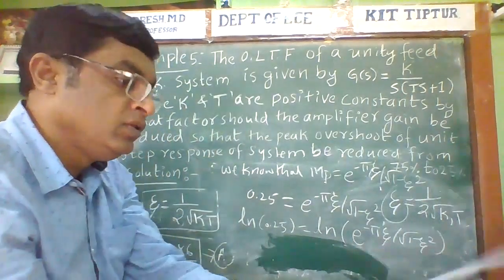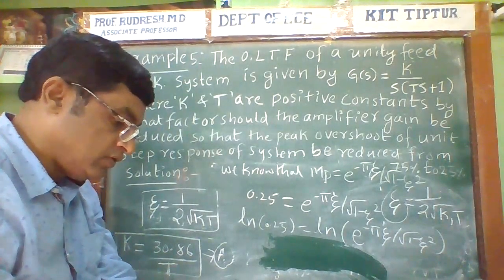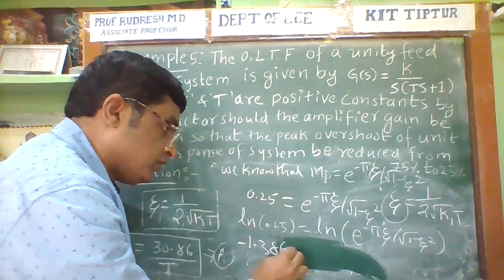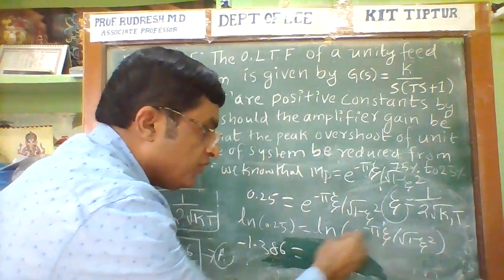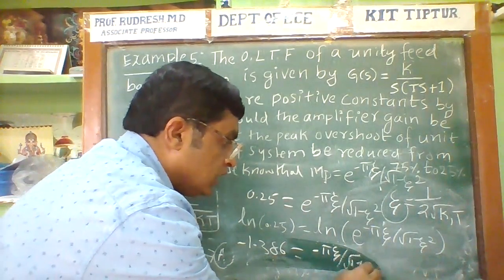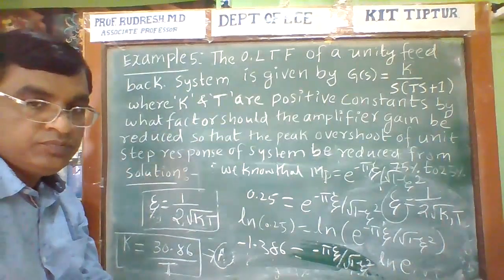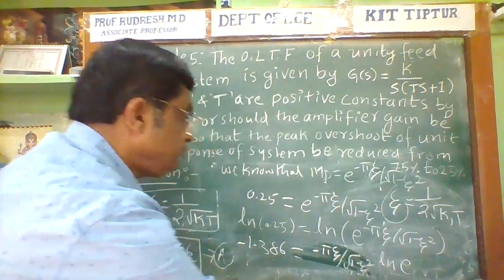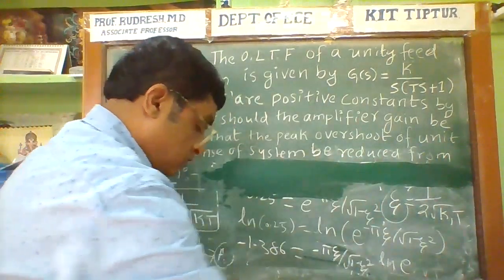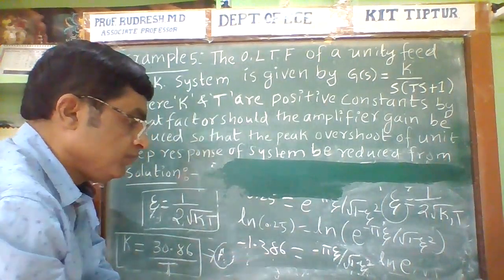The natural log of 0.25 is minus 1.386, which is equal to minus pi zeta divided by square root of 1 minus zeta square, times ln of e. Now this value ln of e is equal to 1.